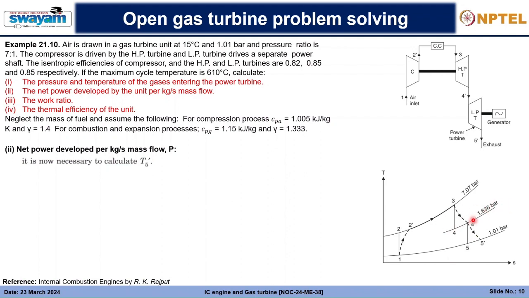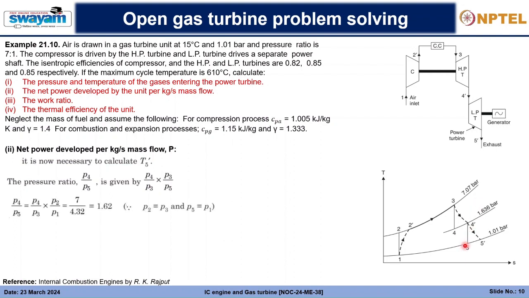We now know the pressure ratio, and we know the value of T4 dash, so we will get the value of T5 to be 580.6 Kelvin.